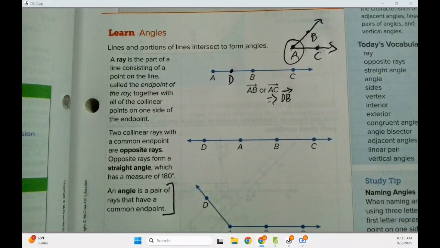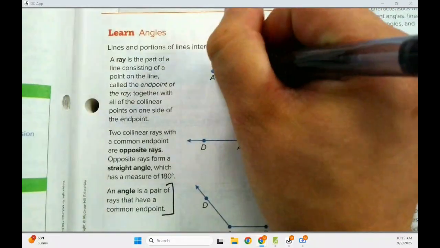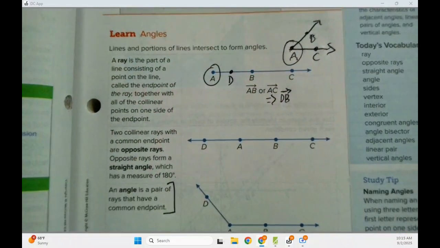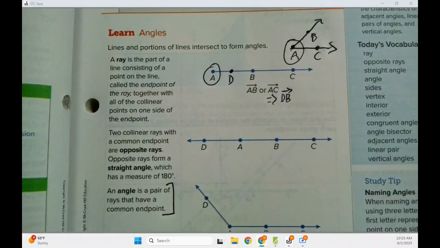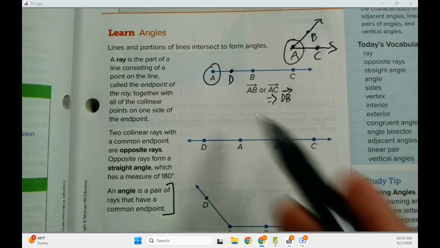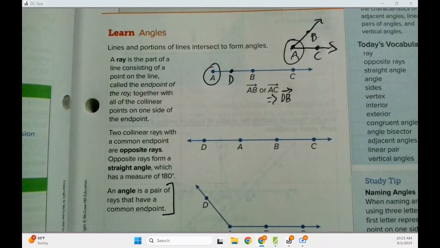Do I? No. So when I'm talking about this, what I'm saying is I need to make sure that where I start is in the name I give my ray, right? A has to be the point I start with. Any other point's fine. I just make sure I have two, but I need to have A where I start, okay? What questions do you guys have about how I name rays?